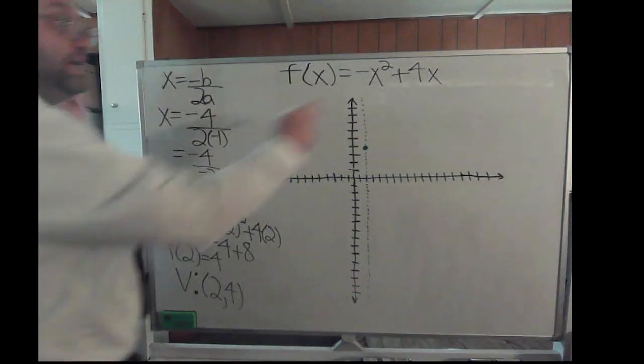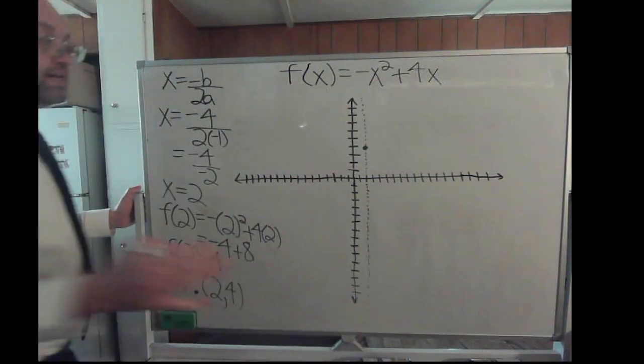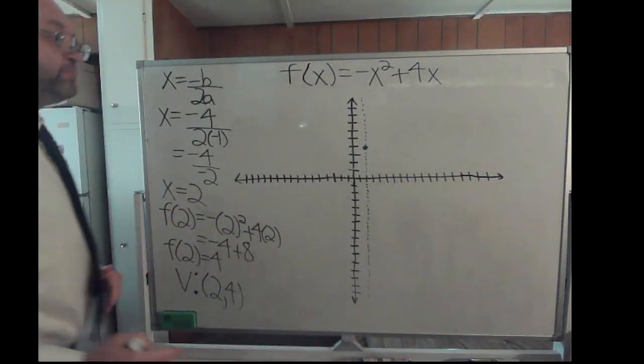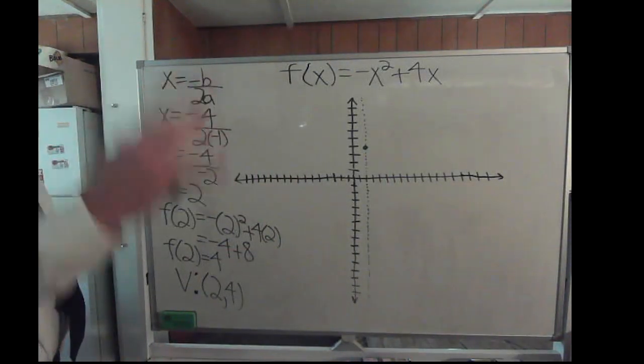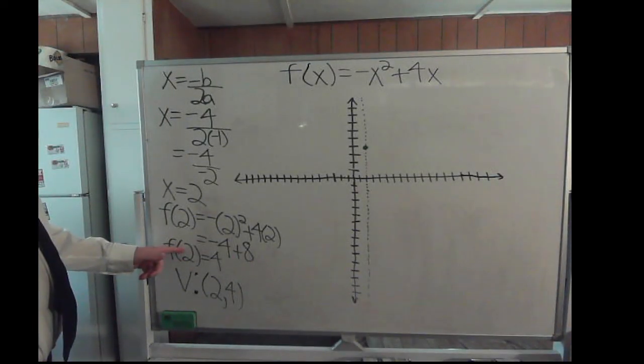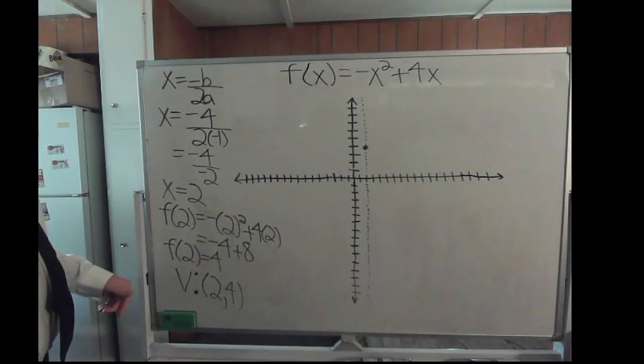Since we have a negative coefficient on the x to the second term again, this parabola is going to go downward. Which means, what I forgot to mention in the last exercise, is that the y value you get for the vertex is also this time your maximum value of the function.